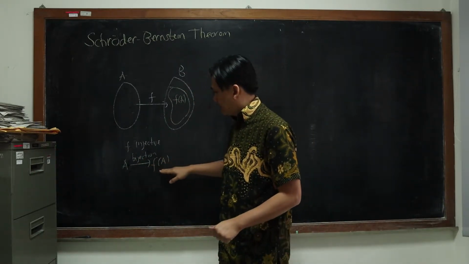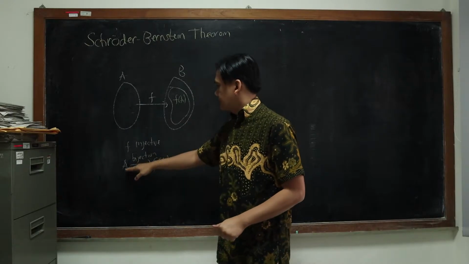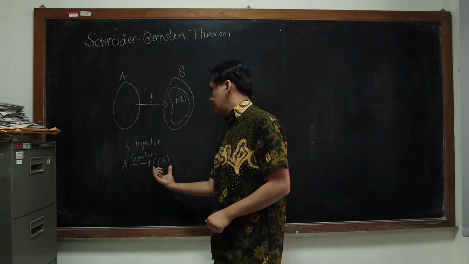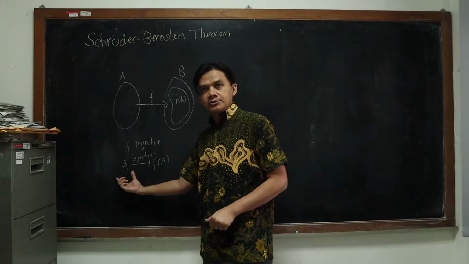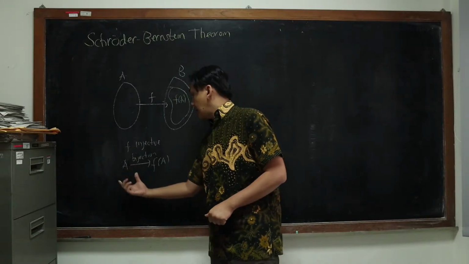So because of this bijection, the cardinality of F of A is equal to the cardinality of A.